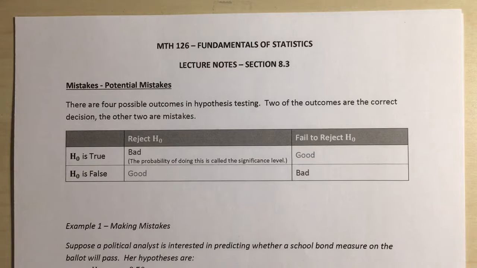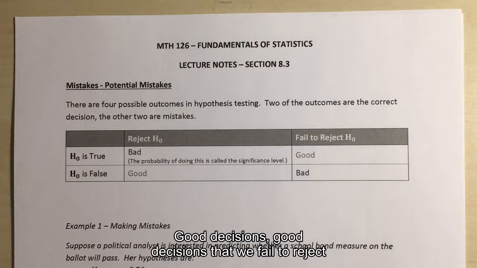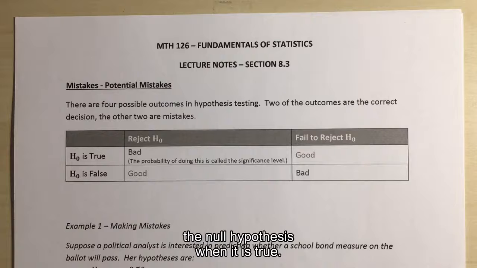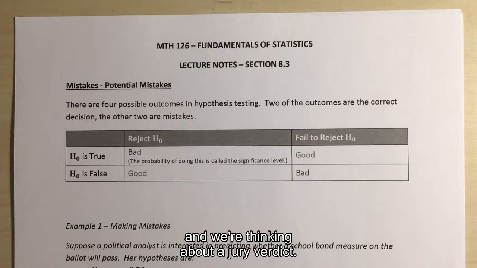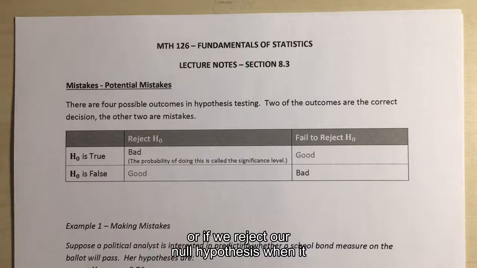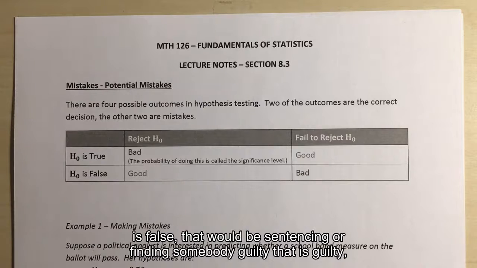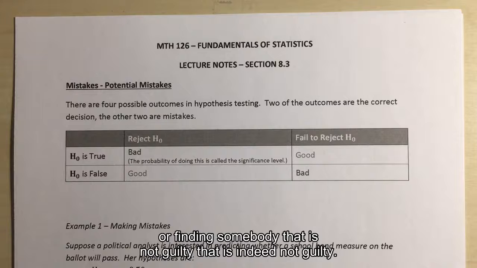Right? So a good decision is that we fail to reject the null hypothesis when it is true. If we think about a jury verdict, if we reject our null hypothesis when it is false, that would be finding somebody guilty that is guilty, or finding somebody not guilty that is indeed not guilty.